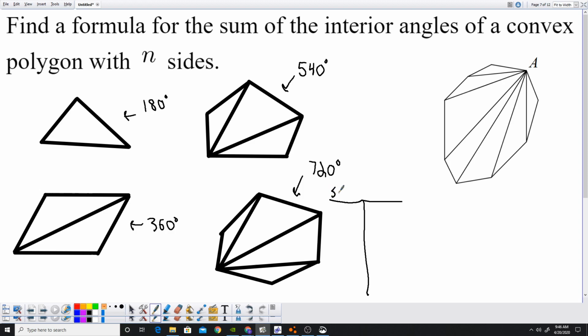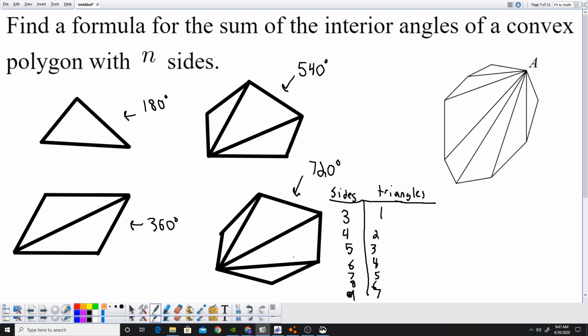So if we list that out, we have sides and triangles. So 3 sides gives us 1 triangle. 4 gives us 2. 5 gives us 3. 6 gives us 4. 9 gives us 7, and we could probably figure out the rest. 7 would give us 5. 8 would give us 6.